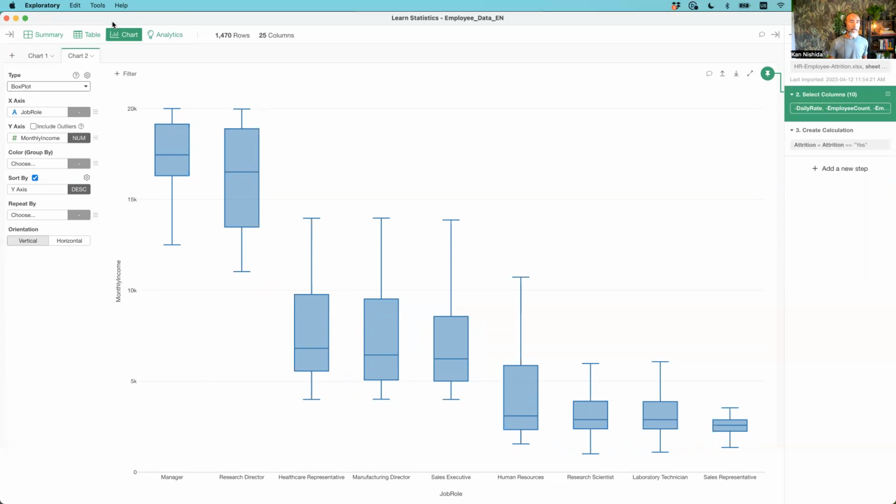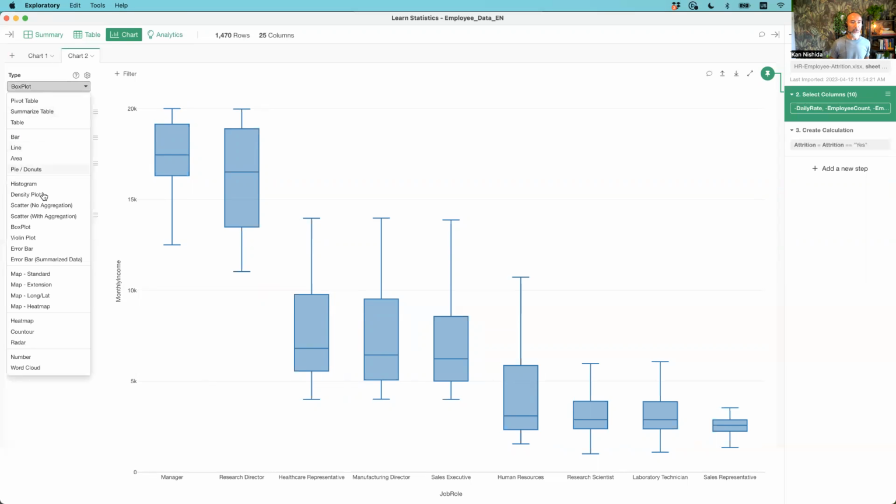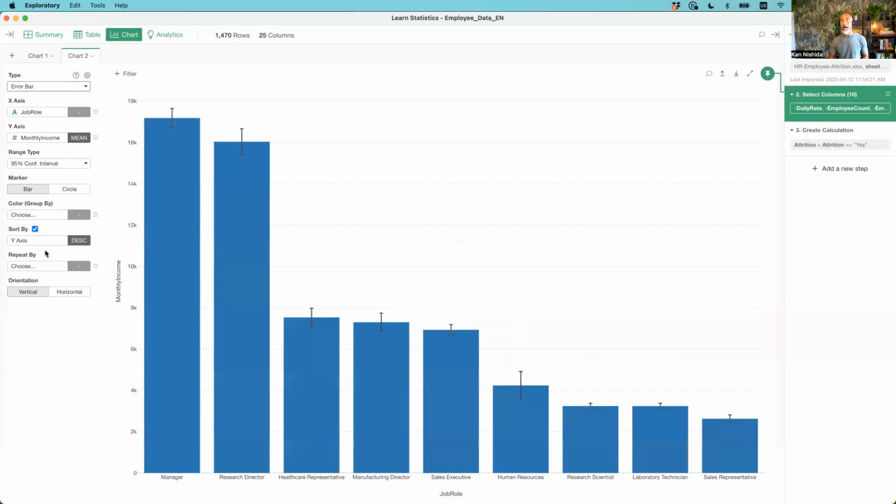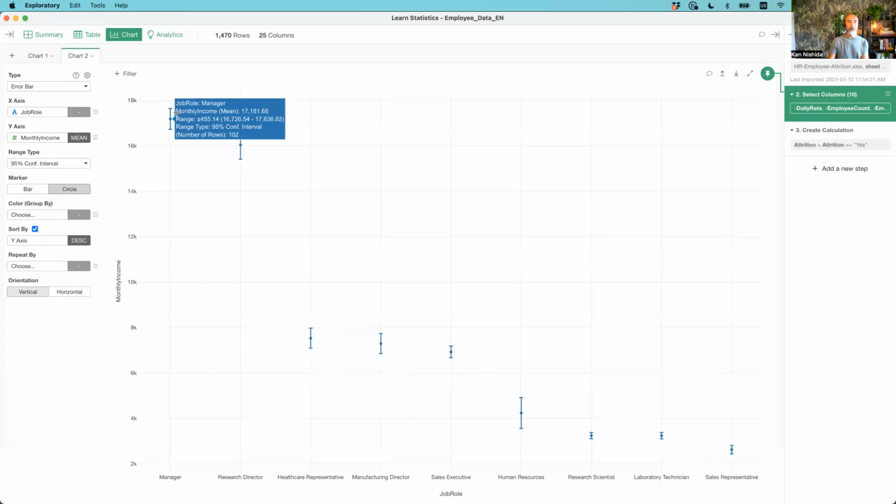There's another way. Instead of a box plot, if you're familiar with confidence intervals, then you can actually use an error bar. I think this is another great way to visualize. So here, I'm going to focus on just the confidence interval and the mean as a dot.